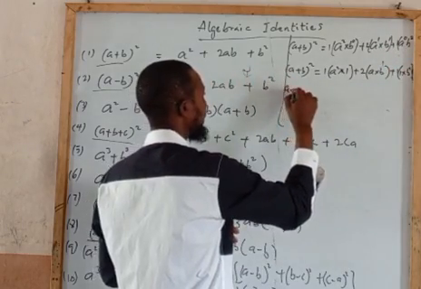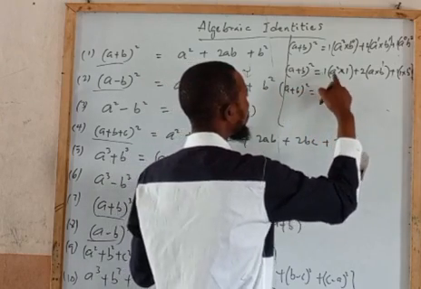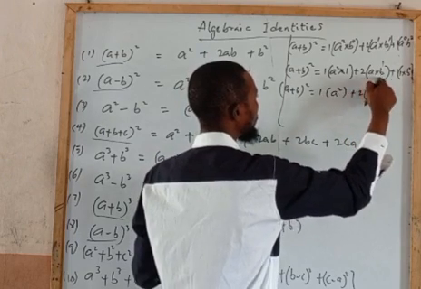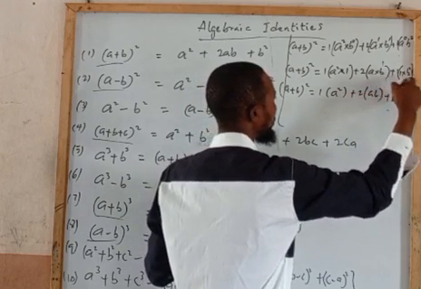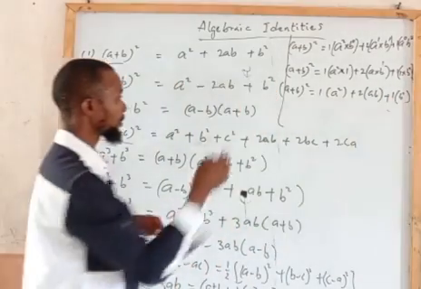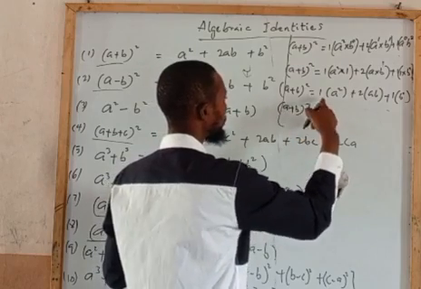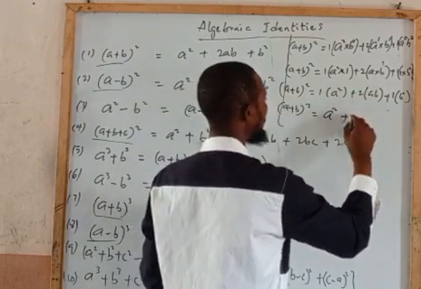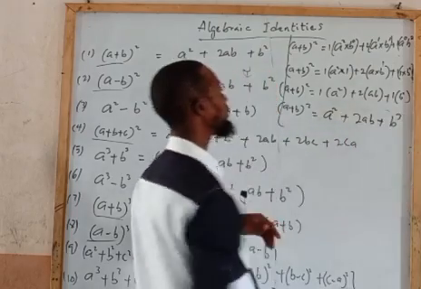So we can say that (a + b) squared is 1 into a squared times 1, that is a squared, plus 2 into a times b, that is 2ab, plus 1 into 1 times b squared, which gives b squared. So (a + b) squared is equal to a squared plus 2ab plus b squared.